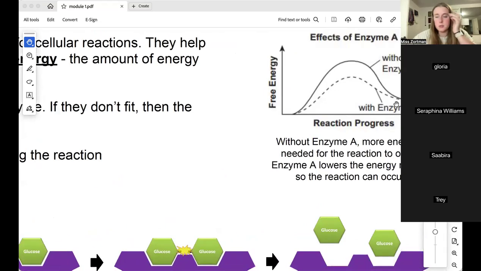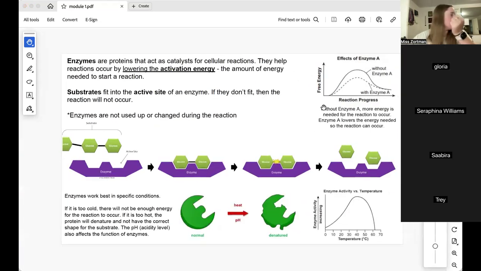The solid line is without an enzyme. So over the time period, it's taking a while to get started. The upslope is the started part, whereas it then gets going once it is started. Whereas with the enzyme, it takes a lot less energy and therefore a lot less time for the reaction to get going. So enzymes are definitely important.